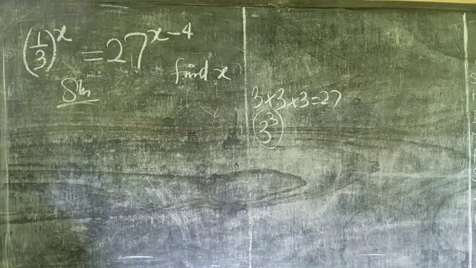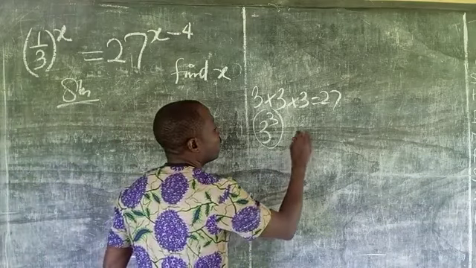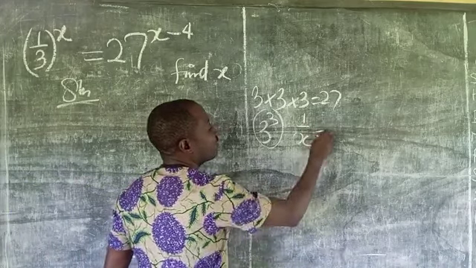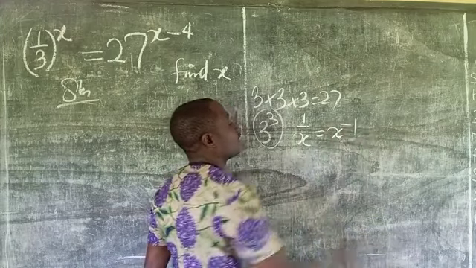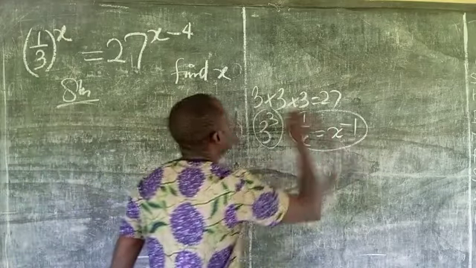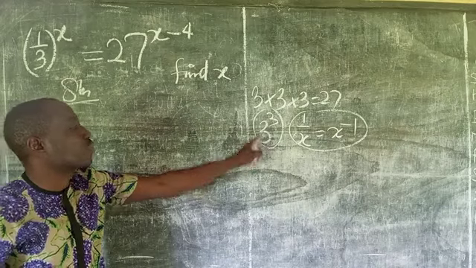That is number 1. And number 2, we have 1 over 3. Anytime you have x, 1 over x is the same thing, by the law of indices, as x raised to power minus 1. So let's apply this and transform 27 to 3 raised to power 3.